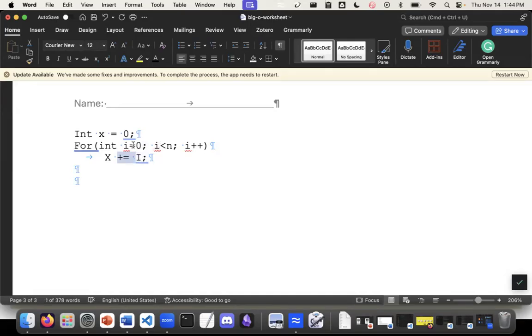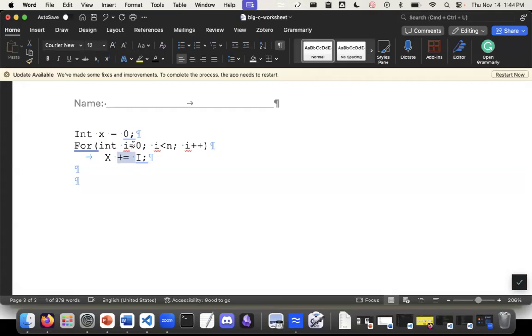So how many times do you think it'll happen? What if n is 5? If n is 5, it'll happen 5 times, right? Because we'll go 0, 1, 2, 3, 4.